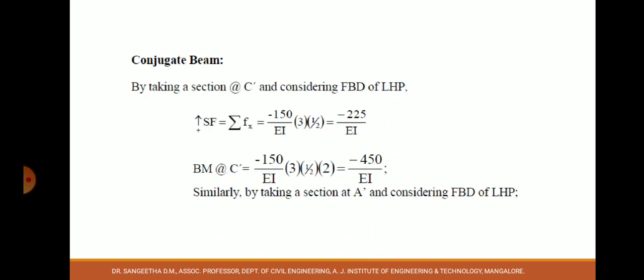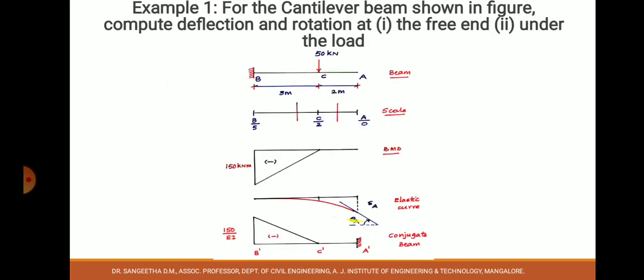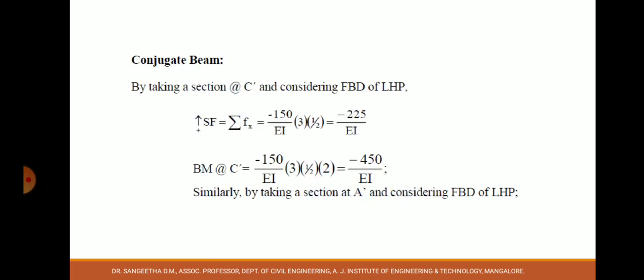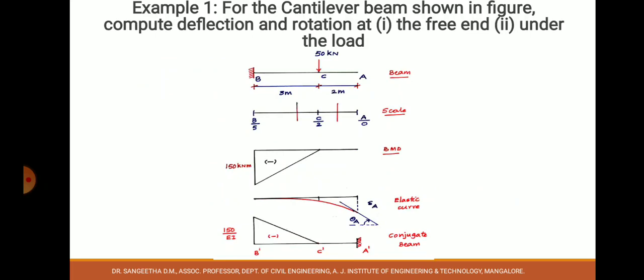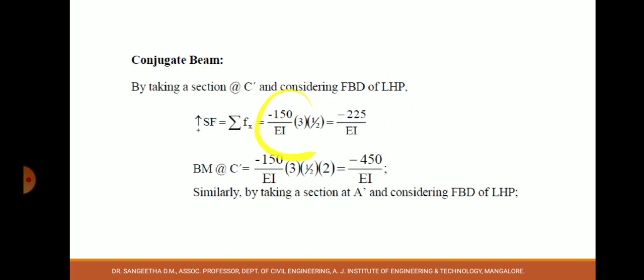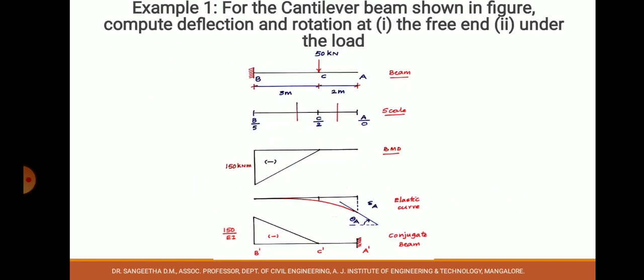Now take the conjugate beam. So find the shear force at C and the shear force at A. Shear force at C is the area of the M by EI diagram. What is the area of the M by EI diagram? Minus 150 by EI, half into base is 3, height is 150 by EI. What is the bending moment at C dash?